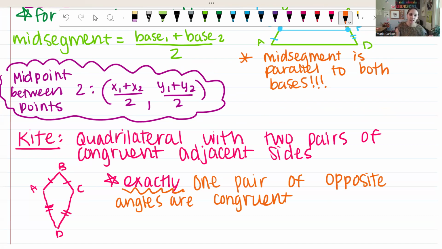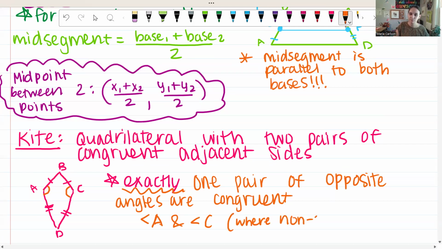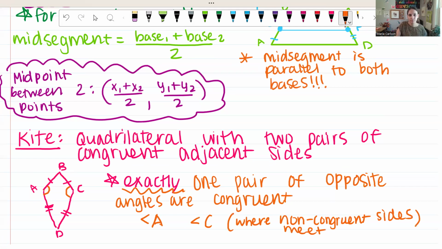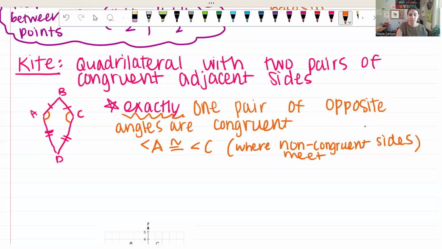So angle A and angle C are congruent, where the non-congruent sides meet. I can say that angle A is congruent to angle C. So one pair of opposite angles are congruent.